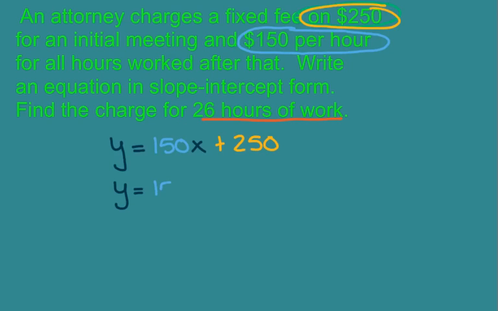So 150 times 26. So remember, we use that substitution method. And from there, you can just use your calculator for this. So 150 times 26 is 390.